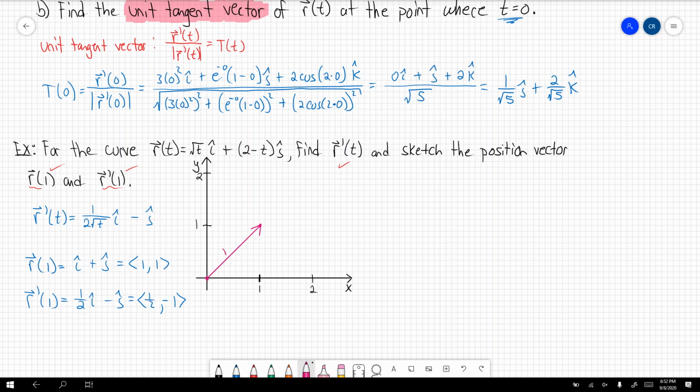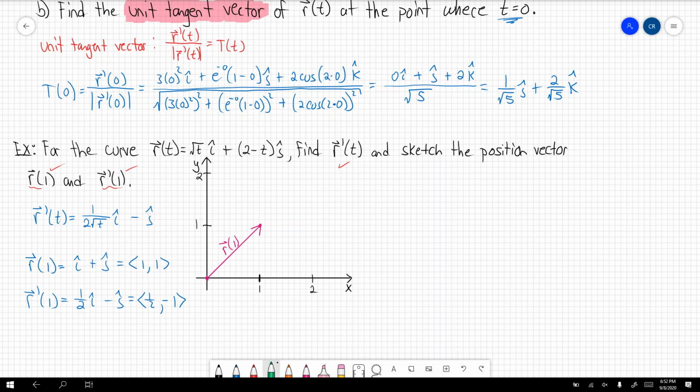So this here is r of 1. Now the tangent vector. Remember, the tangent vector must be tangent to that given curve. So if it's tangent to that given curve, then I must have this vector r prime that is going to begin at the tip of r of 1. In other words, where r of 1 ends, that's where the tangent vector begins.